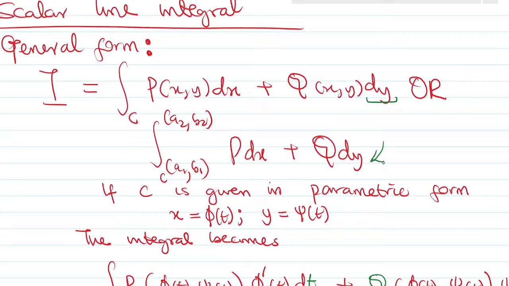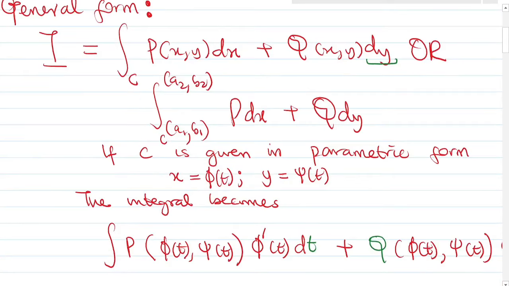Now if it is in this way, and if you are given your c in parametric form, whereby x is a function of t and y is also a function of that same t, it might not be t, it might be another variable. But if it is now parameterized, x and y are given as a function of the same variable. It might be x of p, for instance, and y a function of p, both of them. So once they are in the same variable, it's not hard now.